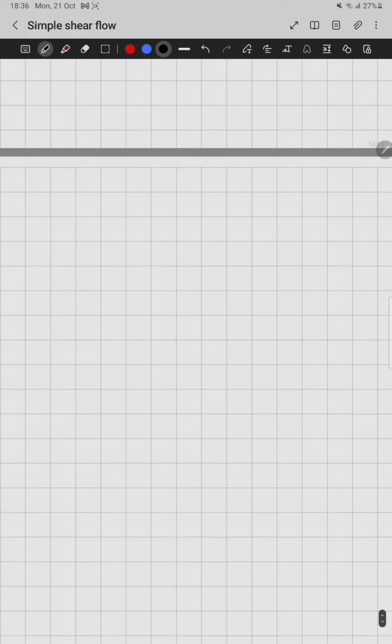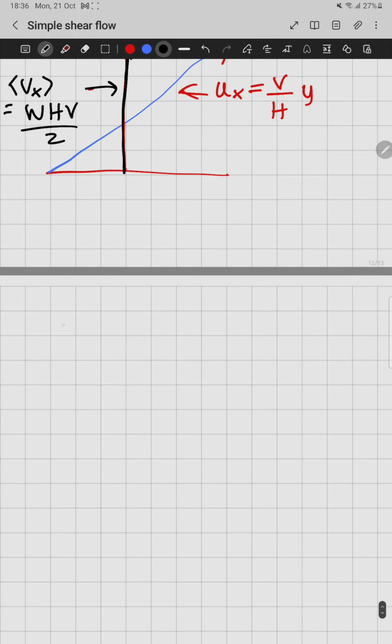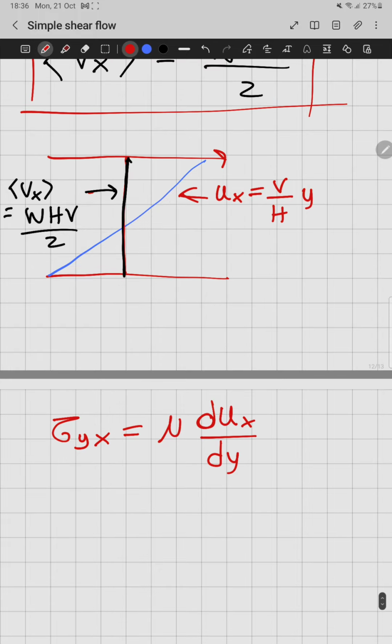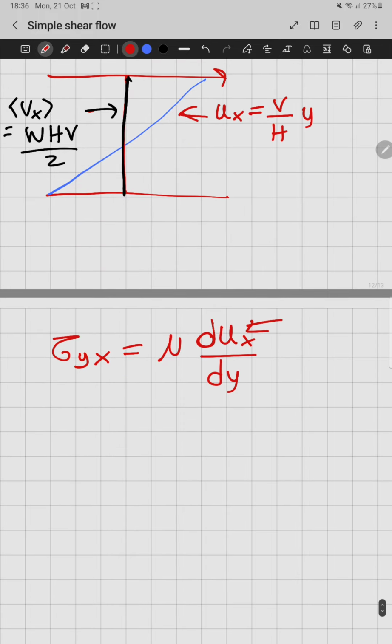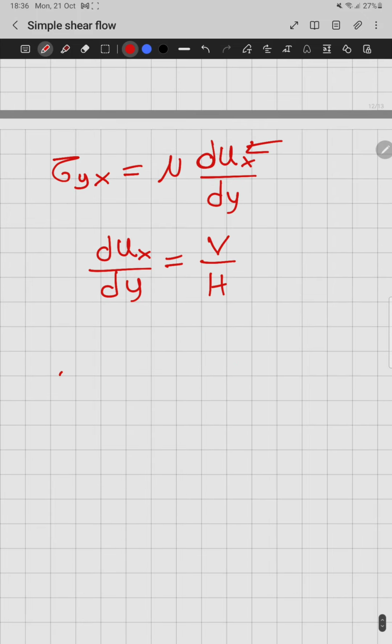And just to conclude, you remember that I said that the diffusive flux of momentum can be estimated as this. And we already estimated ux, and the gradient of ux is just b over h. So let me rewrite this equation as this.